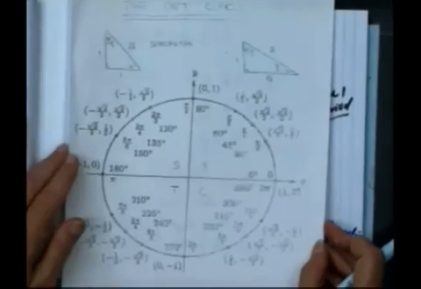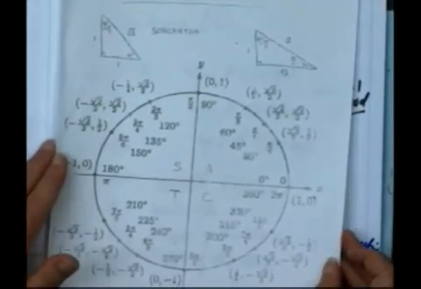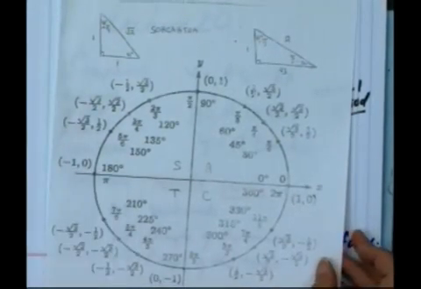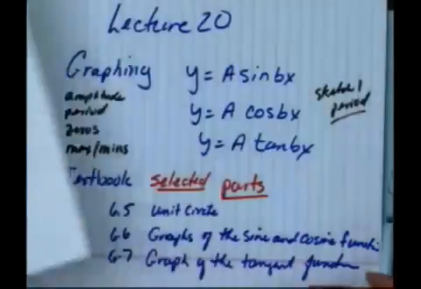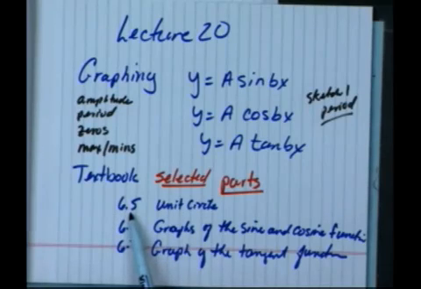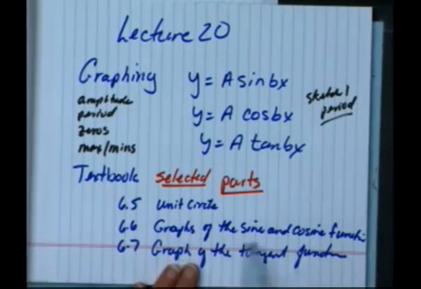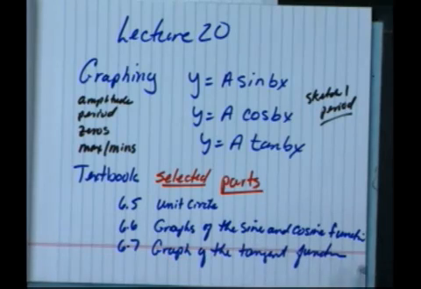And if you're taking this by video, this should be on your Visa link, so that you can get a copy of that, and then everybody in here has a copy. I'm going to talk to you about this a little bit. So we're just going to look at the unit circle on 6.5, just because it's going to make our curve sketching of our basic sine, cosine, and tangent functions easier, I hope.